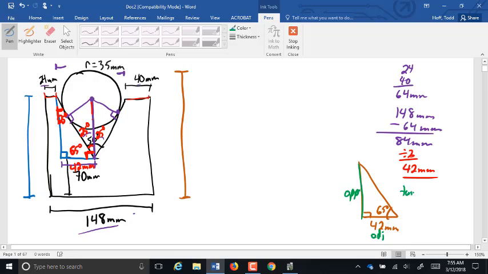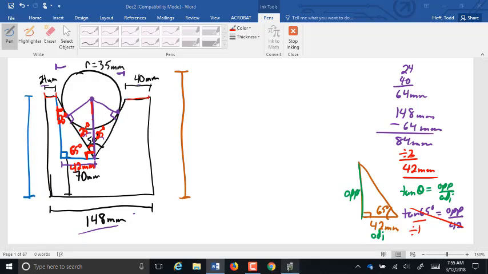That makes a tangent. Tangent is opposite over adjacent. So I plug in my 65 degrees. Opposite side is what I'm looking for. My adjacent is 42. Put this over 1 so I can cross multiply and divide.